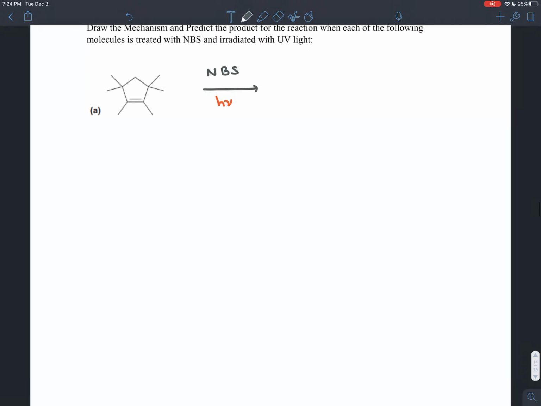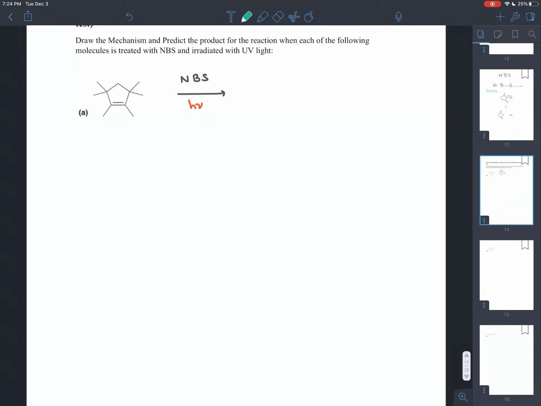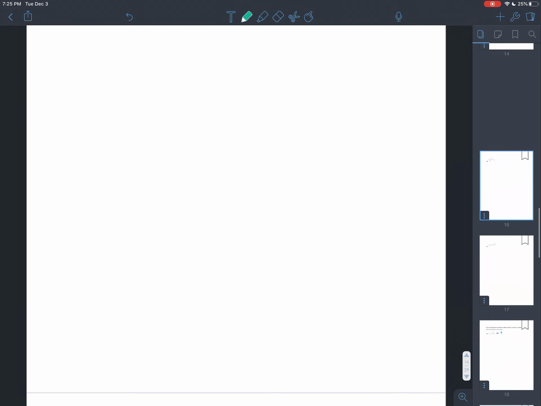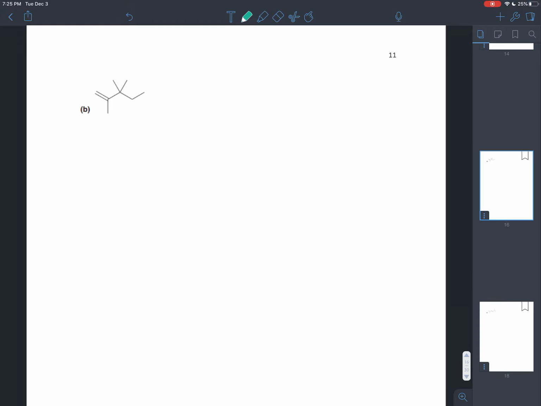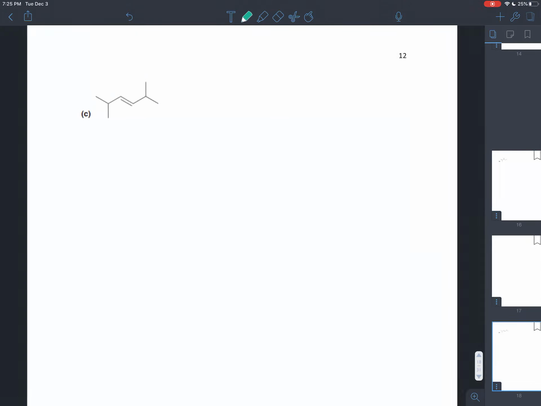All right, well, first, we know that these radical reactions always involve 3 steps. They have a beginning, a middle, and an end. The beginning, the first step, is called the initiation step.